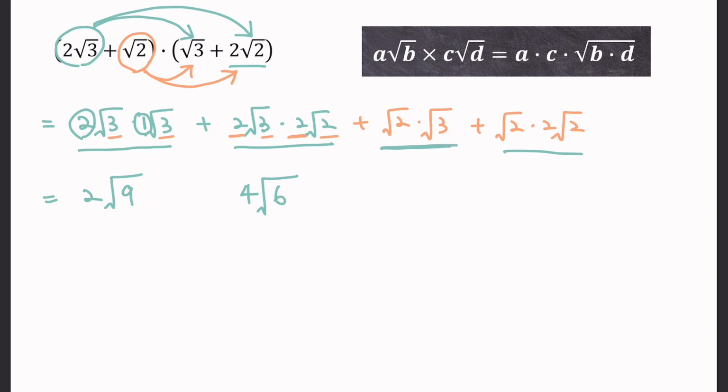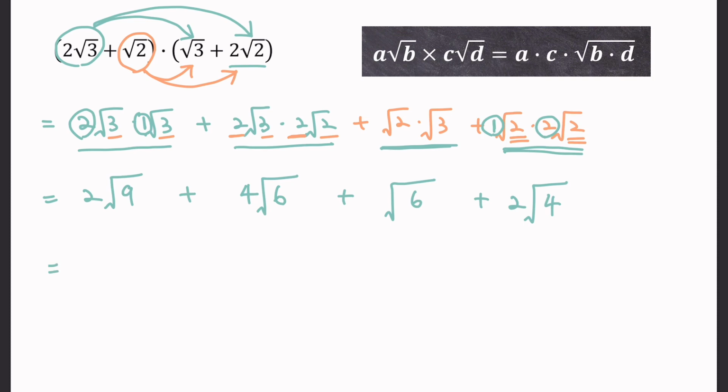Here I don't have any number outside of the square root, so I only have 2 numbers underneath the square root sign that are being multiplied, so I have square root of 2 times 3, which is square root of 6. And for the last part, I have 1 here and 2 that's being multiplied. So 2 is the number that goes outside of the square root, and underneath the square root, I am going to have to multiply 2 and 2 together to come up with 4. And the signs are all positive, so I'm going to add them all together.